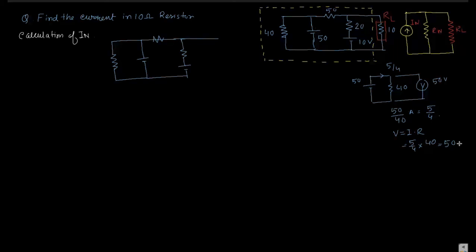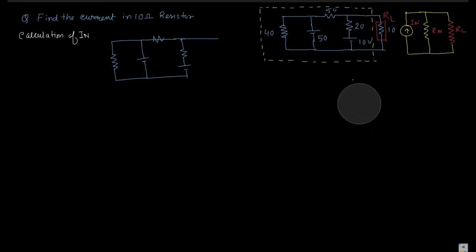So if a resistance is connected in parallel across a voltage source, then the potential drop across it is the same as the magnitude of the voltage source. So here we can make this part shorted.